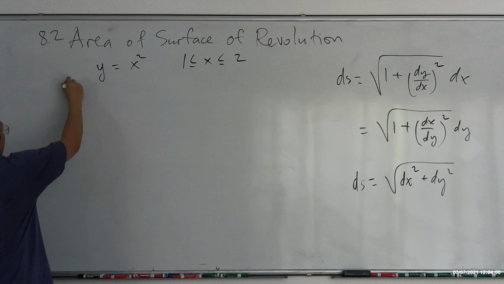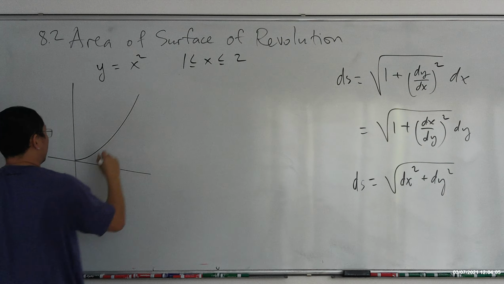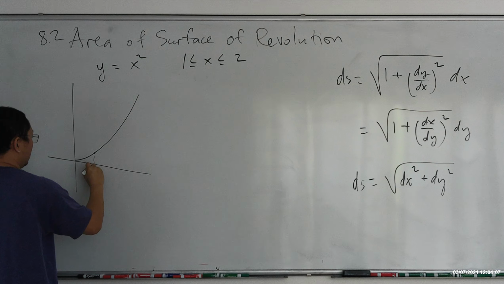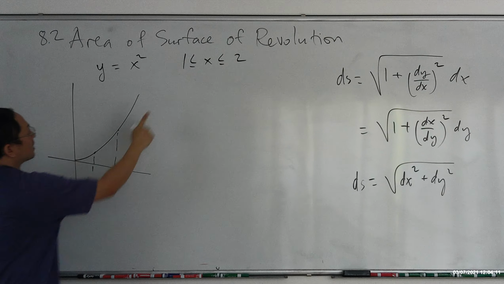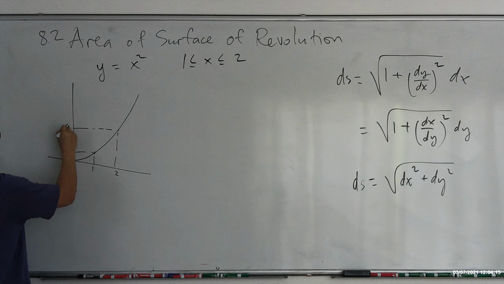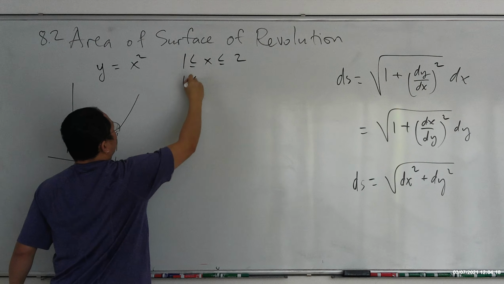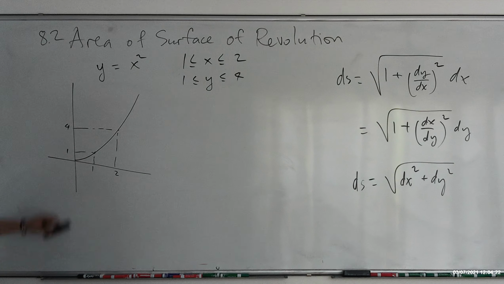This is the curve. Let me draw it. It looks like this. 1 right here, 2 right here. So x from 1 to 2, then y runs from 1 to 4. When x is 1, y is 1, so 1 is less than or equal to y, less than or equal to 4. Now, this is my curve.